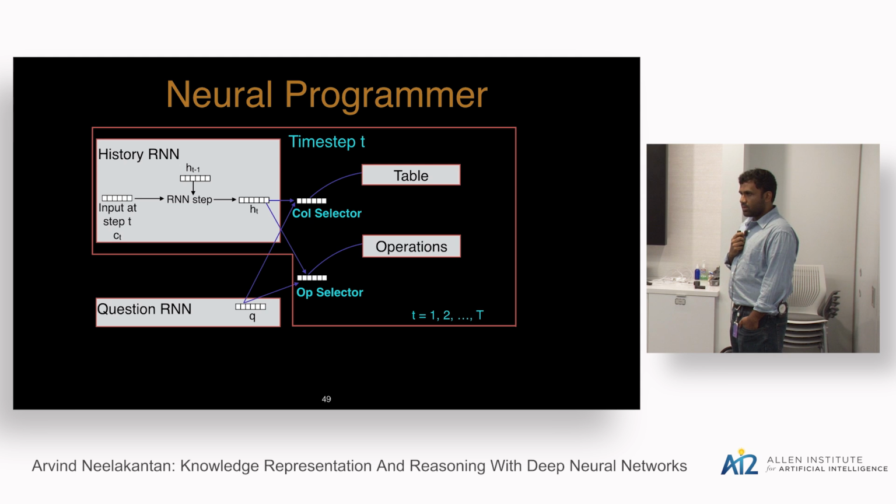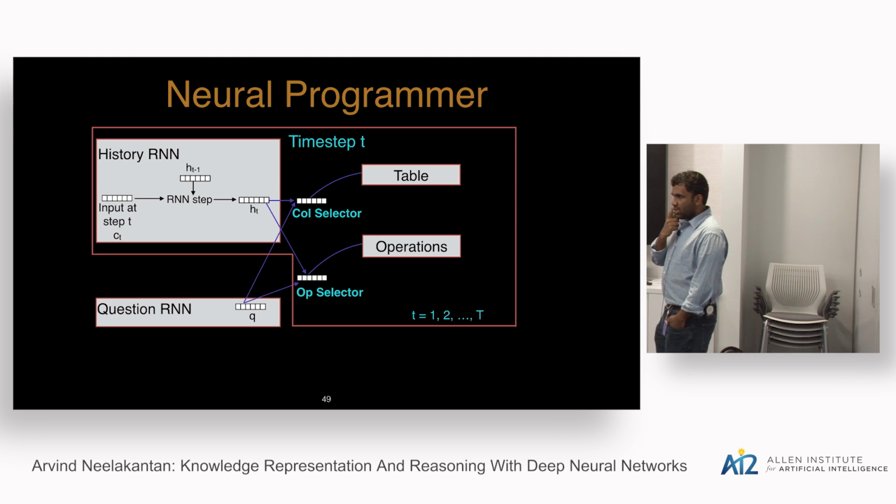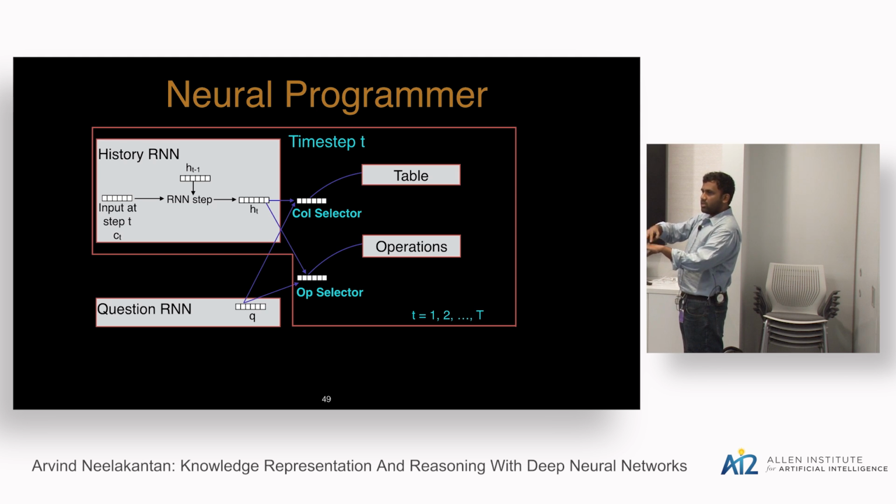Audience: The column selector, it's not clear to me what you have. Yeah, you can think about it as the column selector. You take these two vector representations, Q and HT, and then you run a single feed forward layer to get a new vector, which I call the column selector. Then the column selector is used to induce a softmax over the column names.